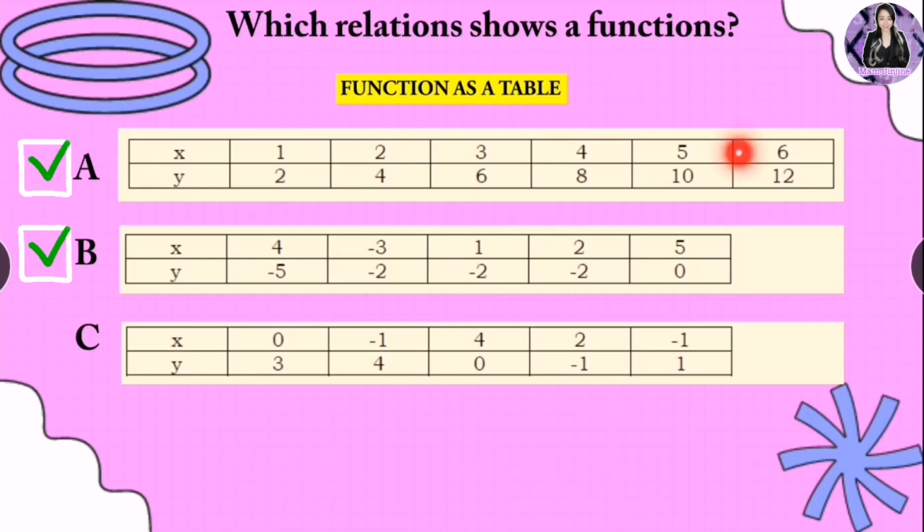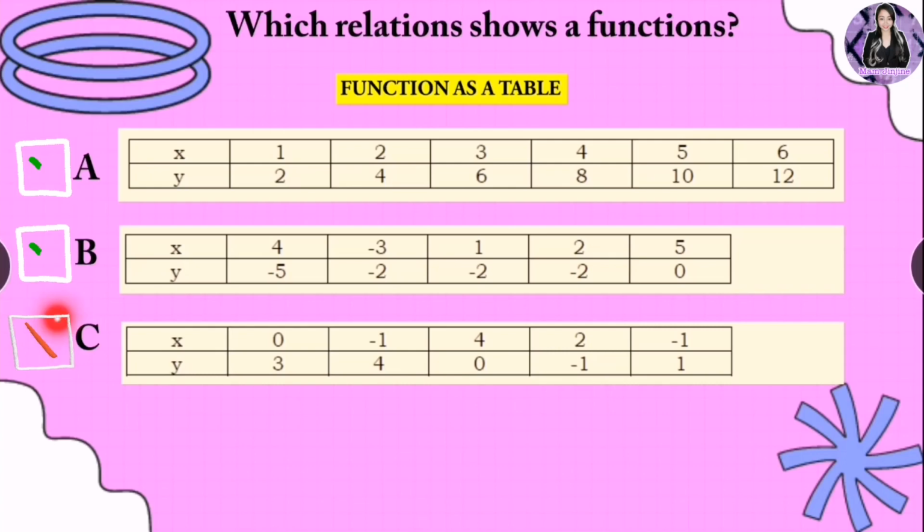That is right. A and B are functions since all the values of x correspond to exactly one value of y. In letter A, we have 1, 2, 3, 4, 5, 6, so there is no repetition of x values. In letter B, we have 4, negative 3, positive 1, positive 2, and positive 5, so there is no repetition of x values.